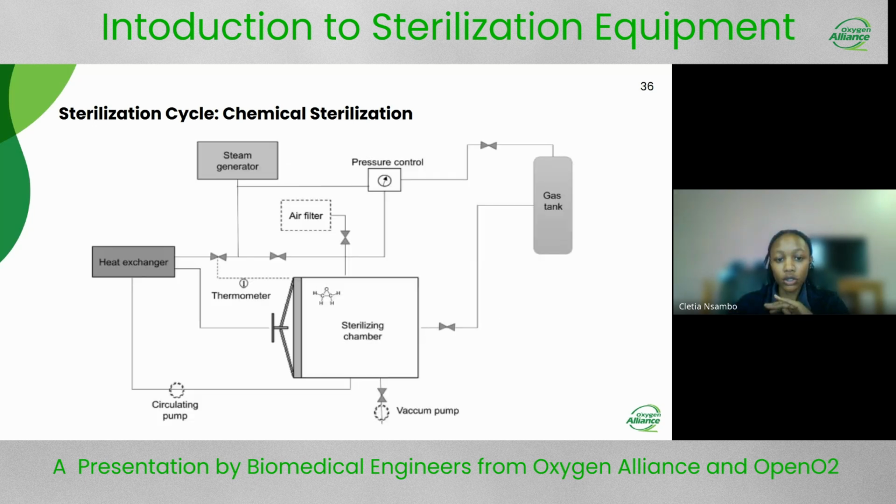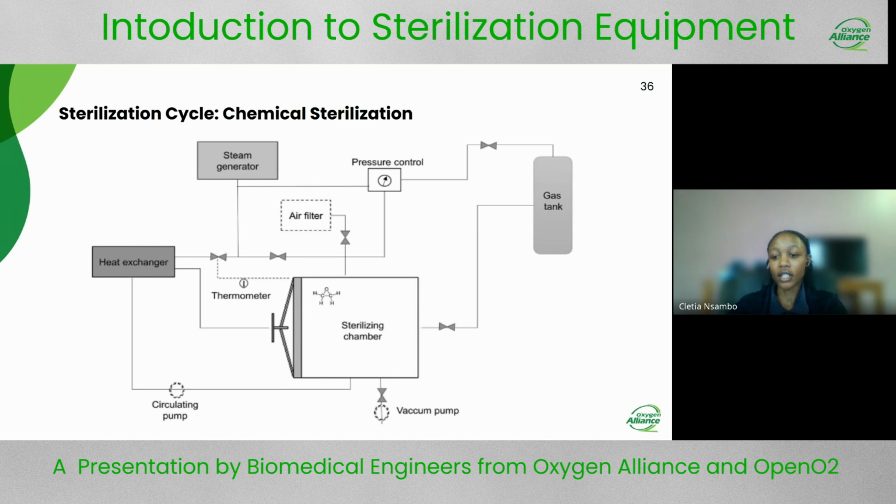and then after that you remove them. Using this diagram, there's a gas tank. After you set your conditions right in the preconditioning phase, the valve from the gas tank is opened, letting the gas or the chemical into the chamber.